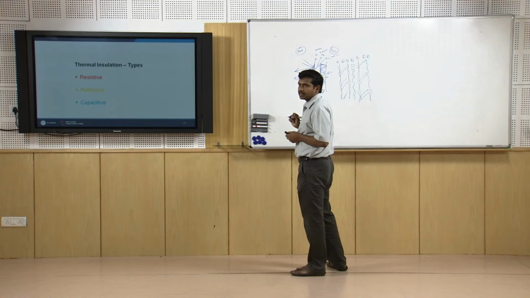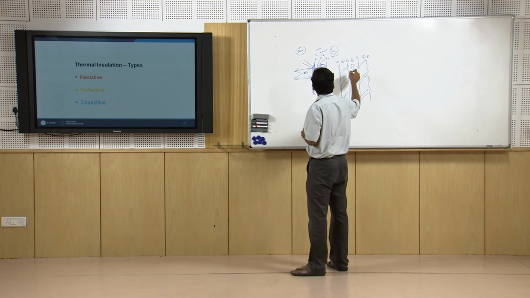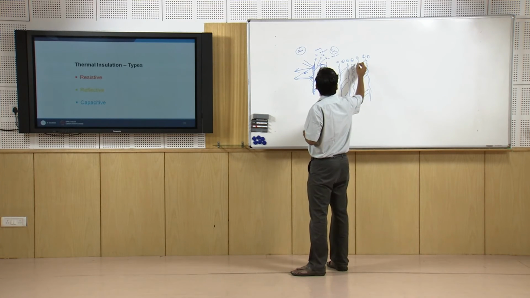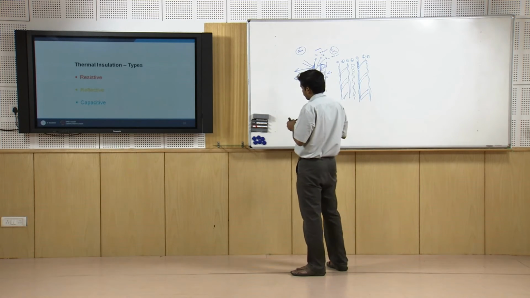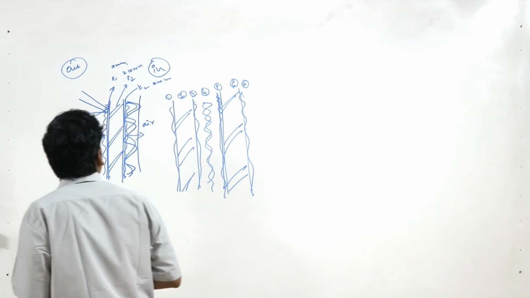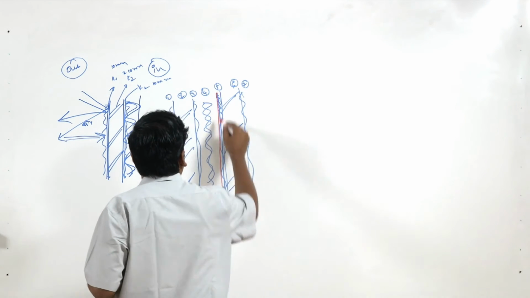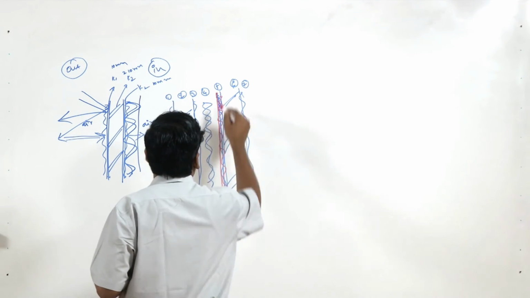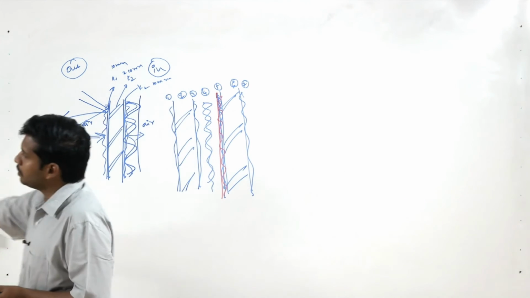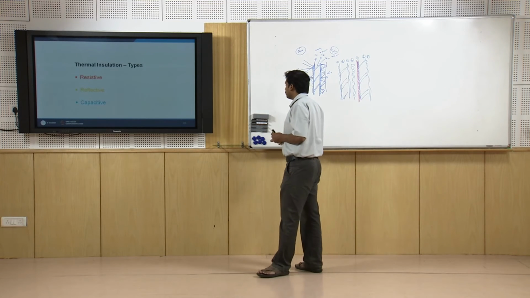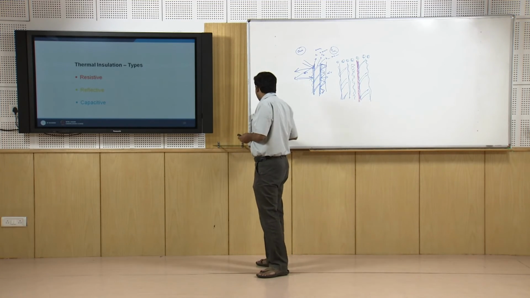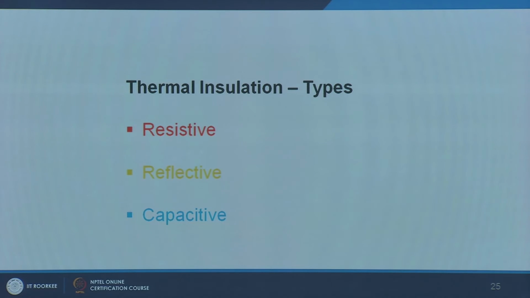This becomes resistive insulation. Next, for example, if I am painting this surface with a reflective coating, if I am able to say this particular membrane is going to be a reflective coat, I am introducing reflective thermal insulation.